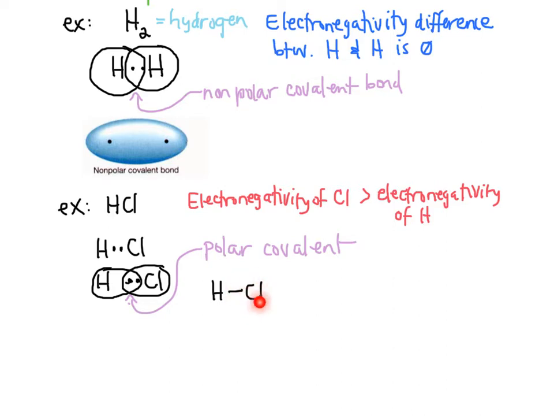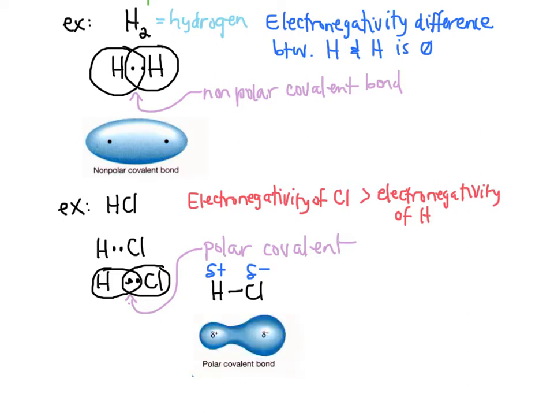Because those electrons are closer to the chlorine, that makes chlorine have a partially or slightly negative charge compared to the hydrogen, which ended up slightly positive by comparison. The electrons are negative and they're spending more time around the chlorine, making chlorine slightly negative. So this bond has poles.